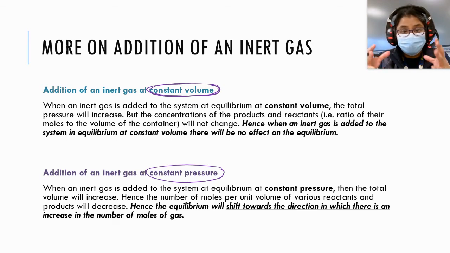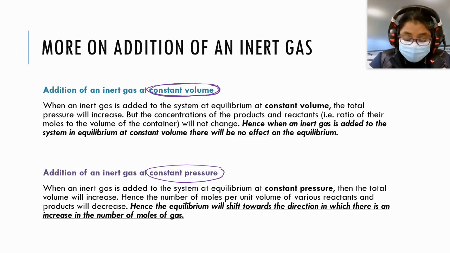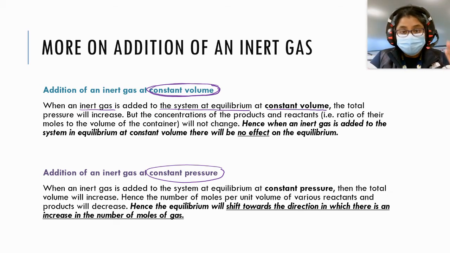The gas is inside, and the volume is not changing. When an inert gas is added to the system at equilibrium at constant volume, when you add more gas into this tin, the total pressure of the system is going to increase.